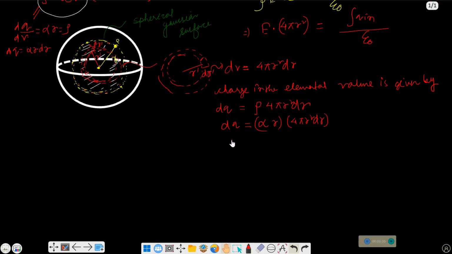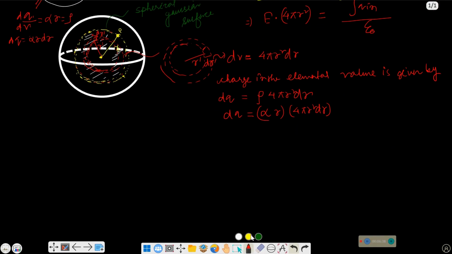For the total charge, we need to integrate from 0 to small r. Since this shell is of radius r dash, the charge density at this point will be alpha r dash.